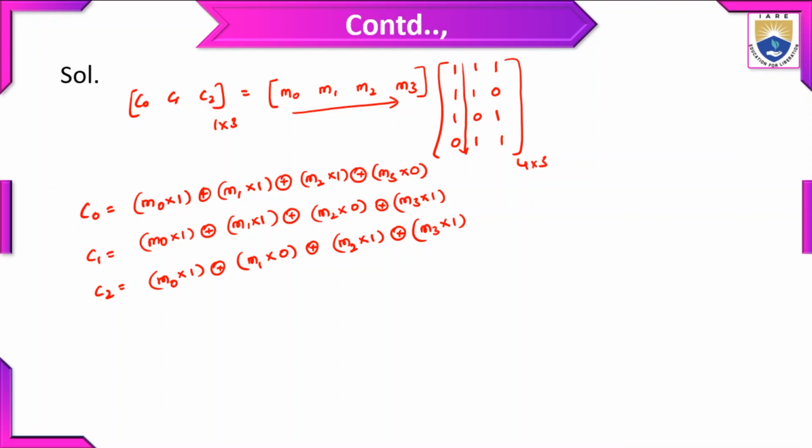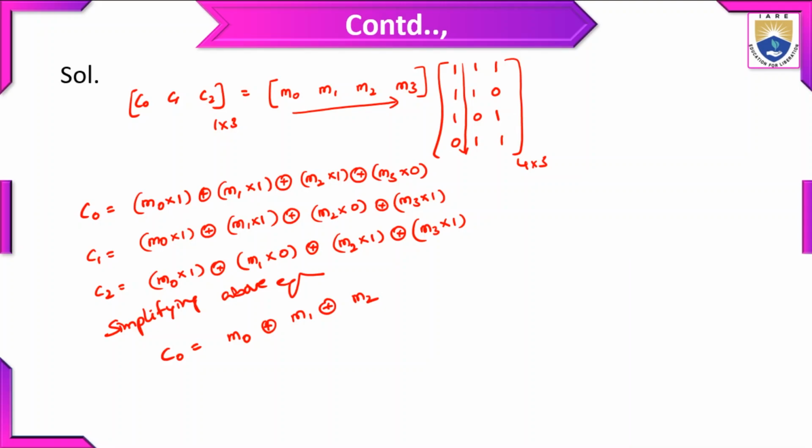Okay. So here M3 may be 1 or maybe 0. If anything is multiplied with 0, what do you get? Simply 0. So simplifying the above equations, we get C0 is equal to M0 XOR M1 XOR M2.